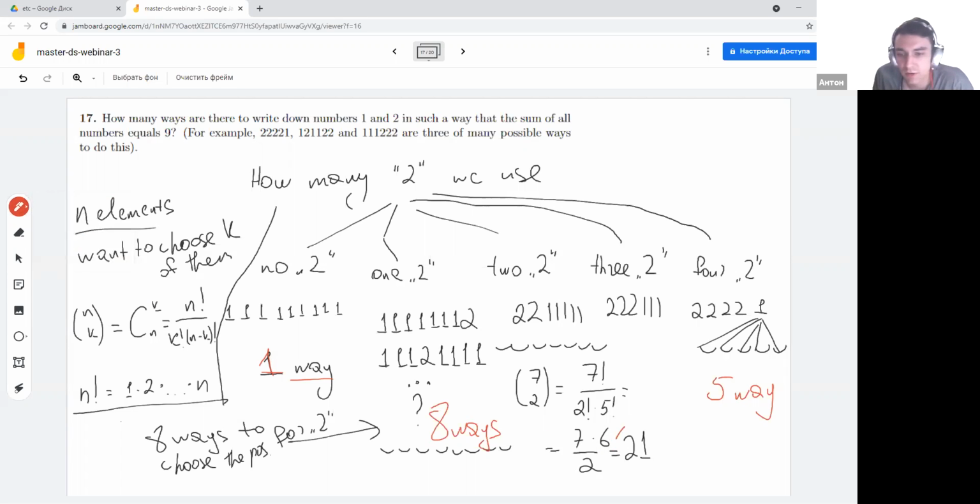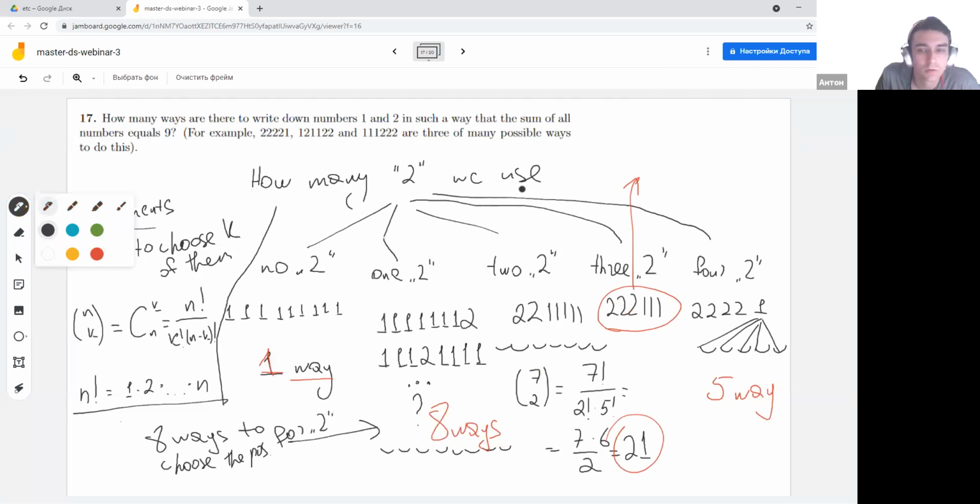So I have 21 options here. And here I want to choose from 6 positions, 3 positions for 2s, or 3 positions for 1s.